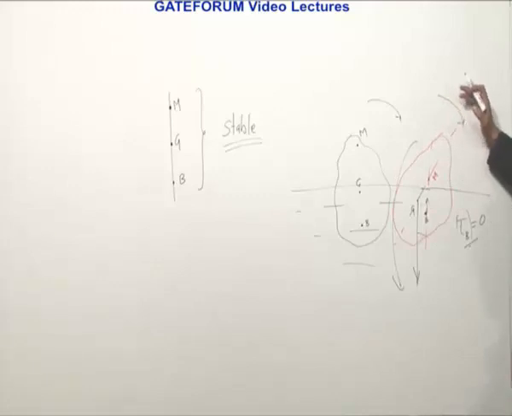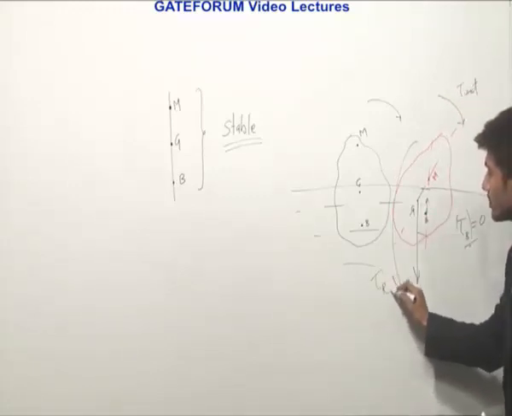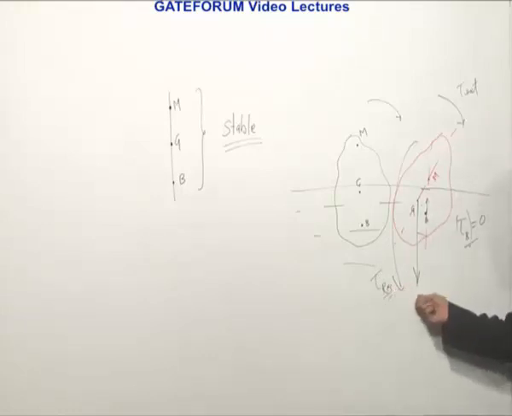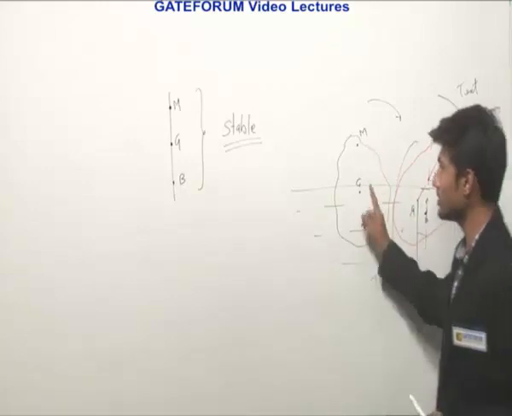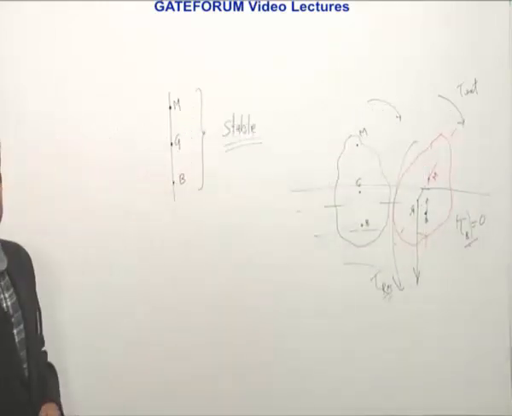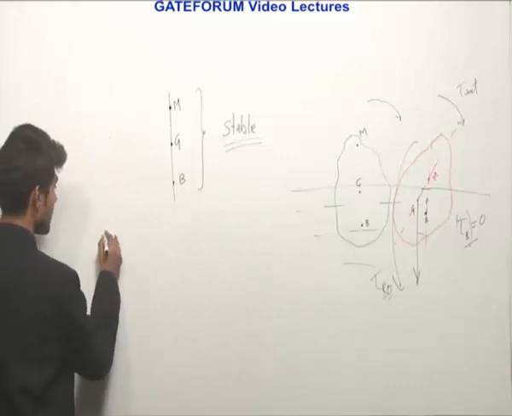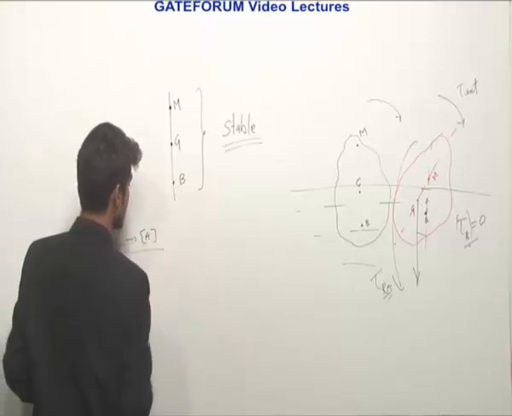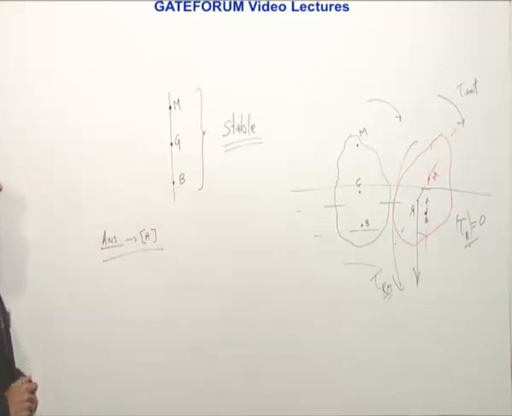So as we try to tilt it externally, it is restoring. So a restoring torque can be applied if such an arrangement is there: metacenter, then center of gravity, then center of buoyancy. So our answer should be option A. Gravity should be below the metacenter.